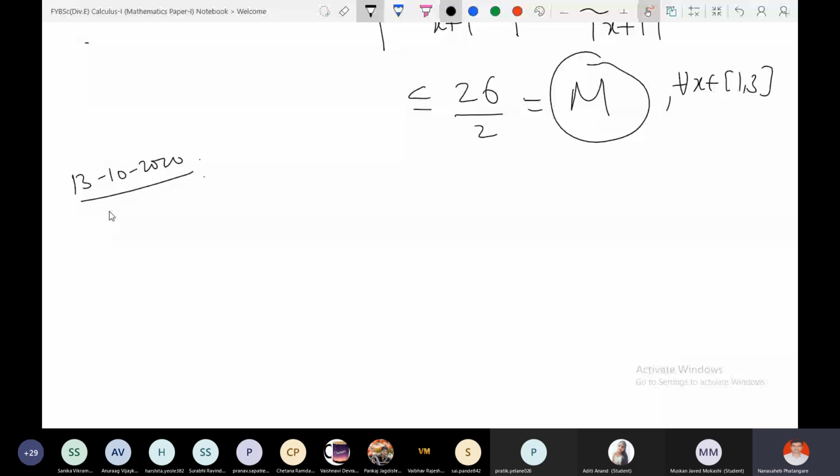So what we discussed last time: maximum element of a set. Right.